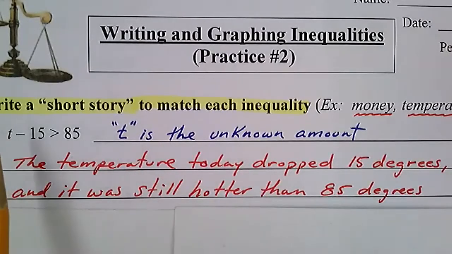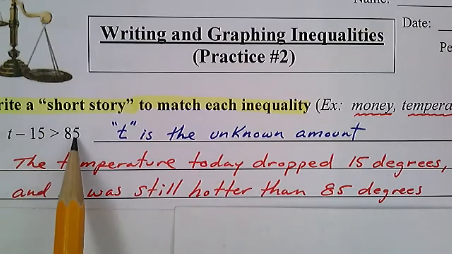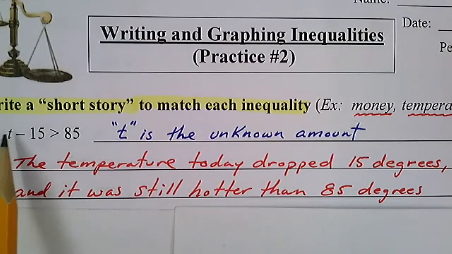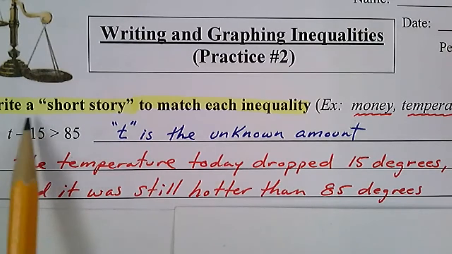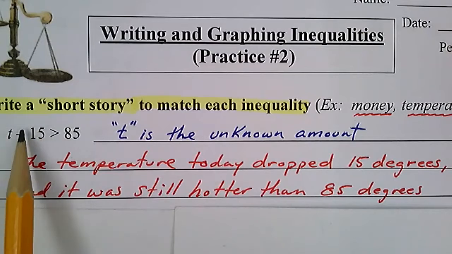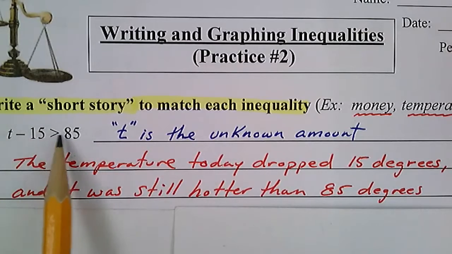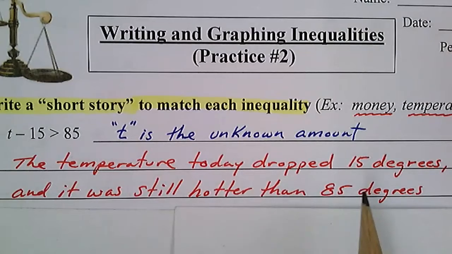So the left side is still greater than 85. We don't know what this was. We know it went down 15, but the whole left side is still greater than 85. It's bigger, so it's hotter than 85.